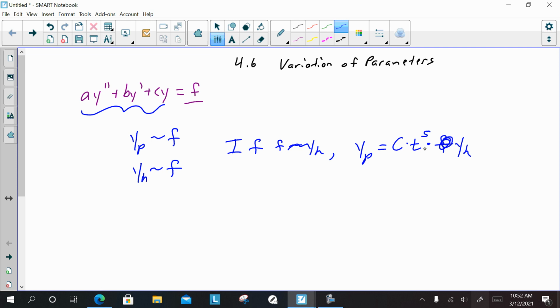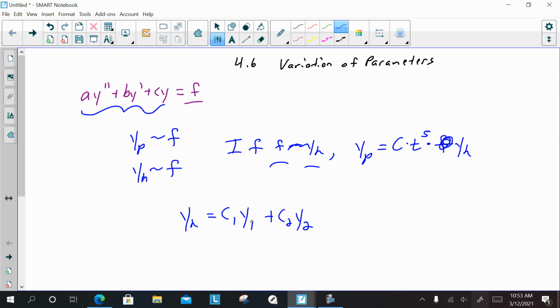But if we don't have those particular functions, just multiplying by a t may not get us where we need to go. So what we can do is suppose that we're always going to have some relationship between the function on the right and our homogeneous solution. Our homogeneous solution is always going to be in the form c1 y1 plus c2 y2.